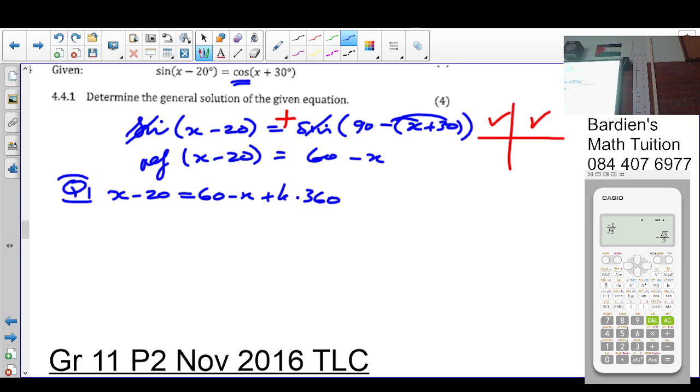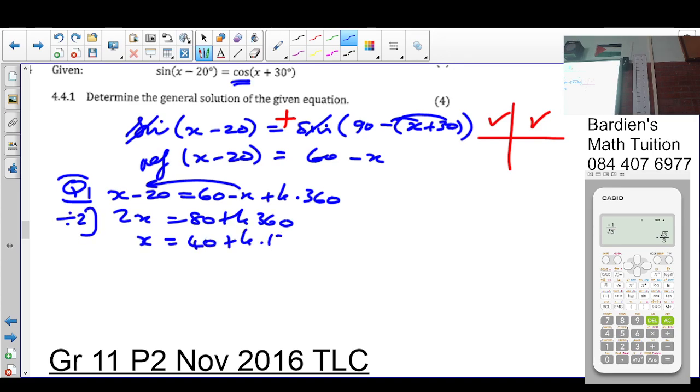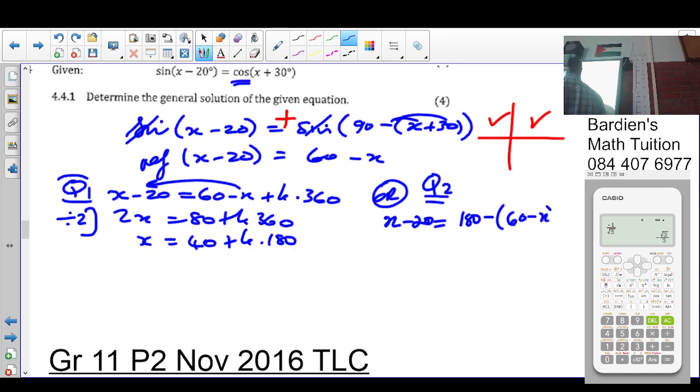People, I don't solve for x at this point. Okay? So x is one side, so it's going to be 2x is equal to 80 plus k times 360, divided by 2. So x is equal to 40 plus k times 180. Let's check in the other quadrant. Quadrant 2. How do you move into quadrant 2? So 180 minus 60 minus x plus k times 360.